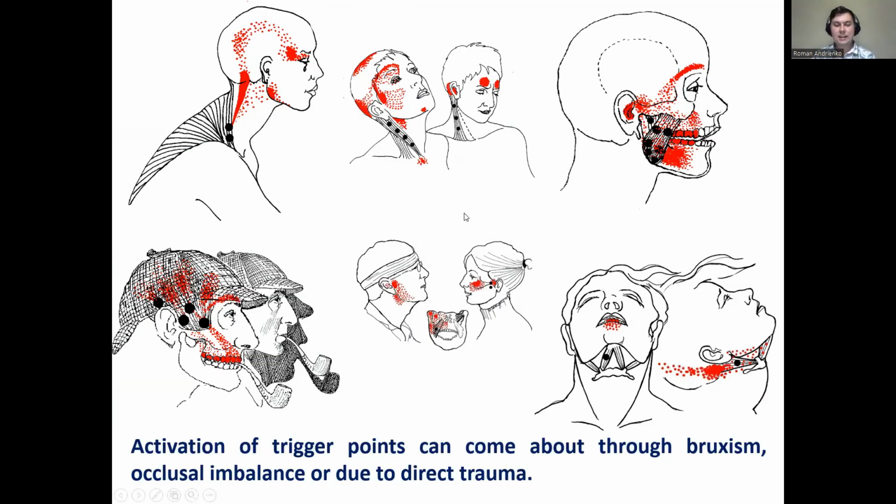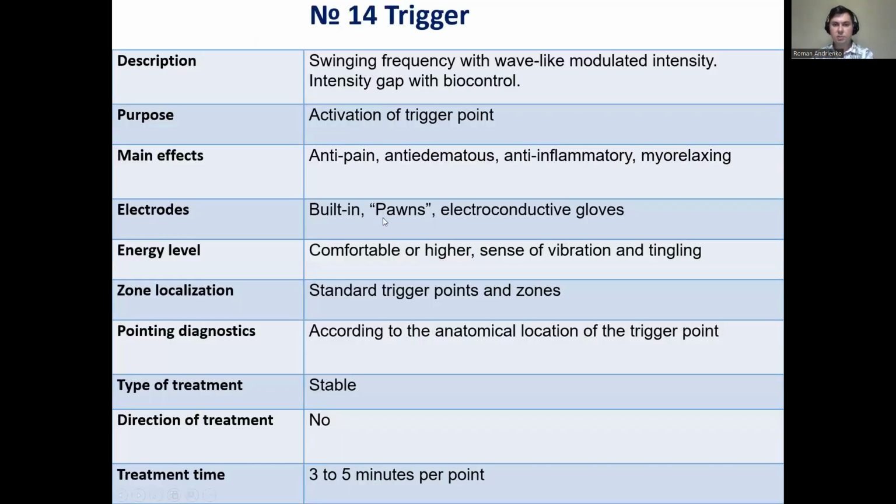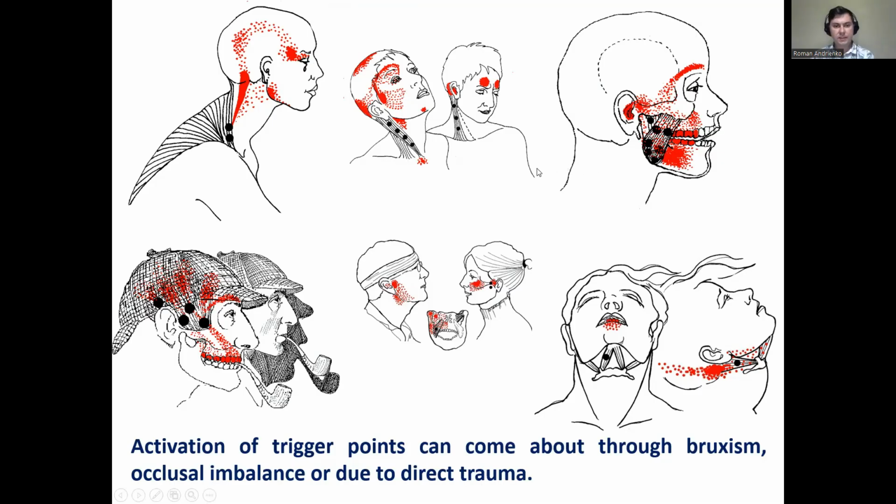And these are some illustrations that show how the trigger point works. This is the area of pain where it is usually located, represented by the red dots here, and the black dots are the trigger points of our interest. This is where we are applying the built-in electrode, but we can also use the pons or gloves.